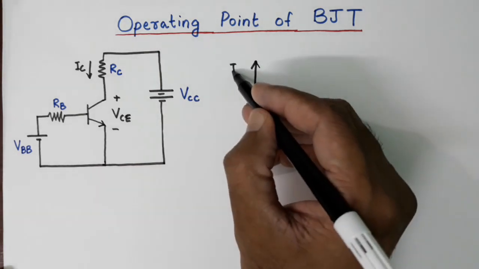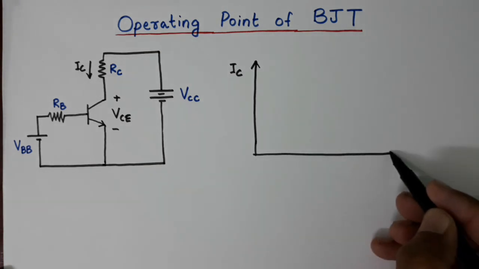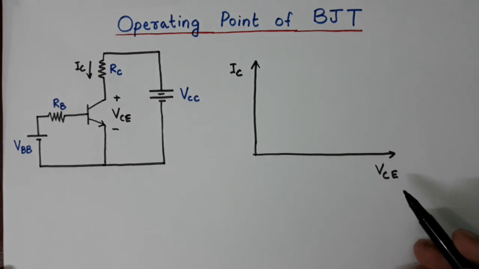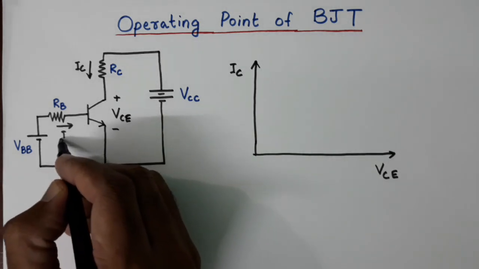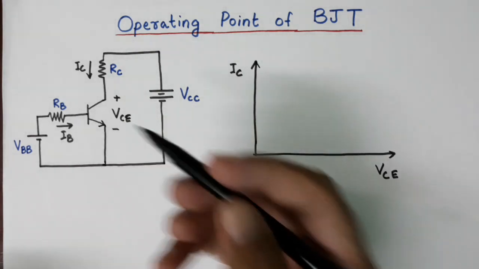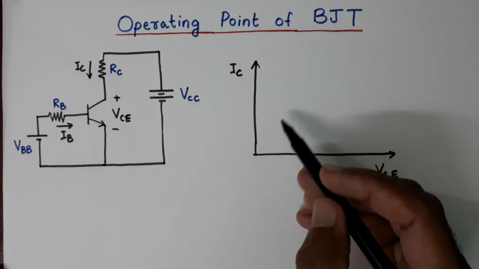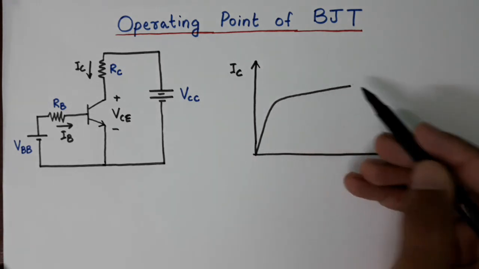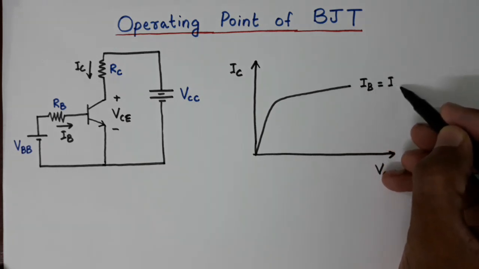It is a graph between IC and VCE, for a constant value of base current. So we have seen that the shape of this curve is like this. This is for some constant value of IB, say IB equal to IBQ.